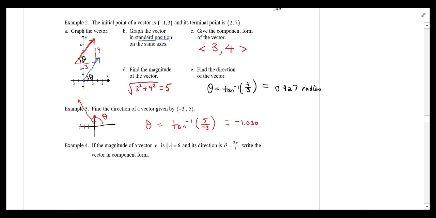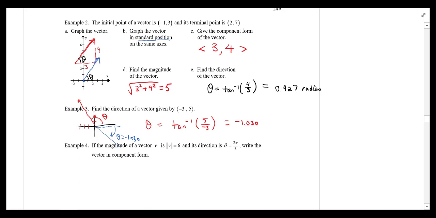Now, if you left your answer like this, your pre-calculus teacher will be sad. Because this angle is a negative one, which means it starts at the positive x-axis and goes clockwise. But that's not the angle I want. So how do we figure this out? Actually, negative 1.030 is this angle here. That's theta, negative 1.030.